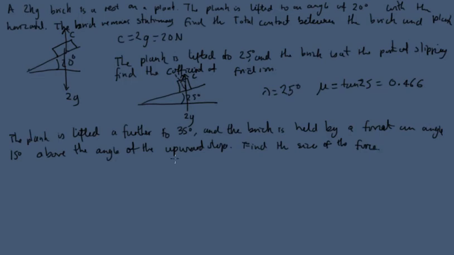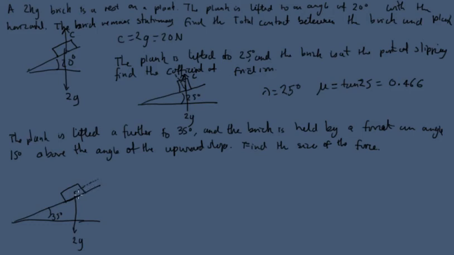So let's consider our force diagram now. What does it look like? It's now been lifted another 10 degrees, so this is now 35 degrees. I'm going to move this up a wee bit more so I can get a bit more room. So here's our brick, and down the vertical we've got our 2g.